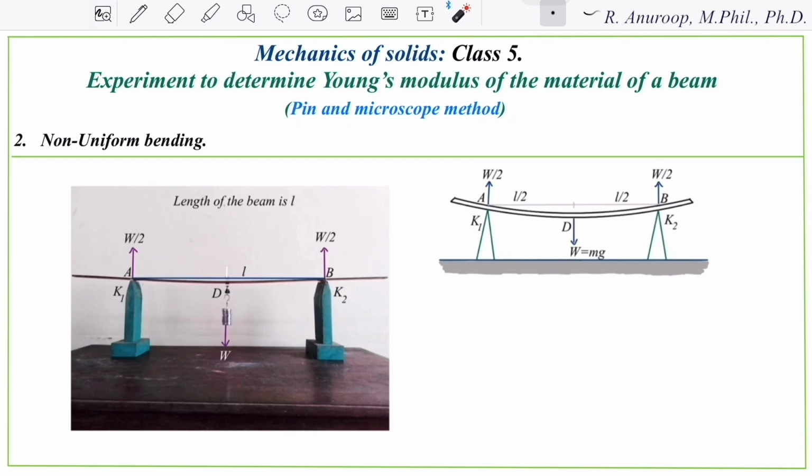In non-uniform bending, the beam is supported at its ends and loaded at the middle.